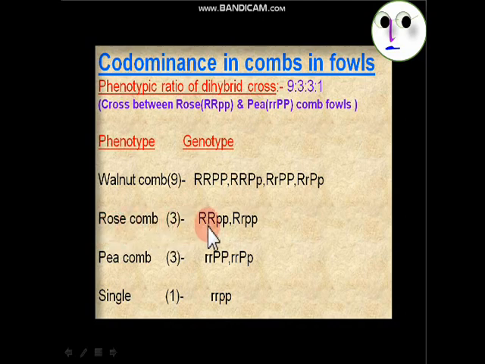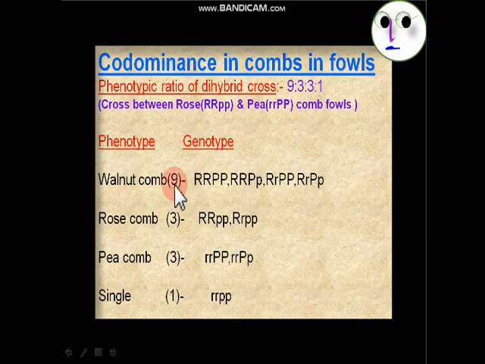Rose comb 3 is represented by RRpp, Rrpp, and pea comb 3 is represented by rrPP, rrPp. Single variety comb is only one, represented by rrpp.